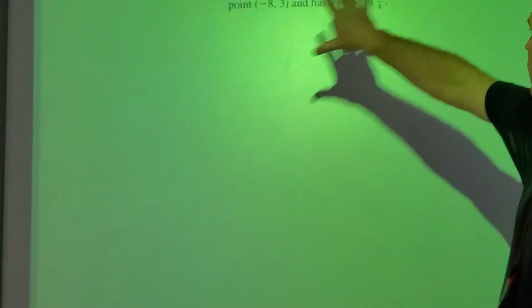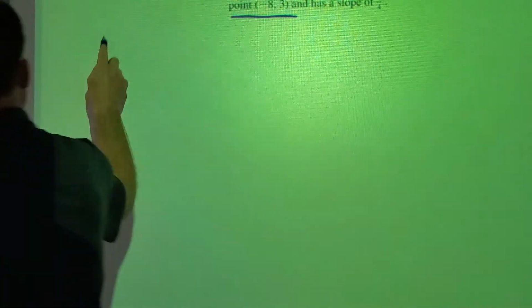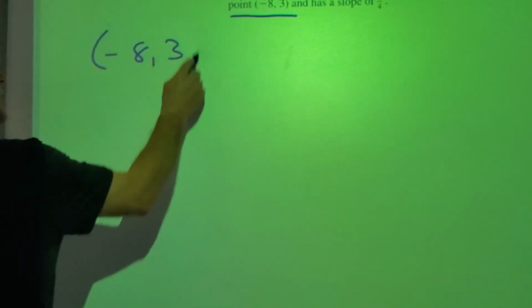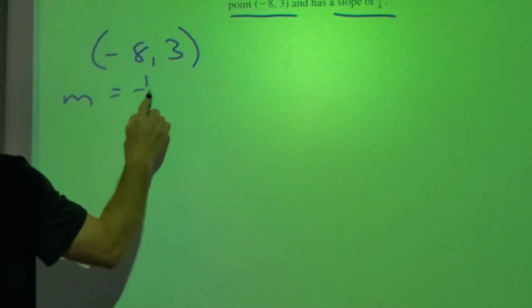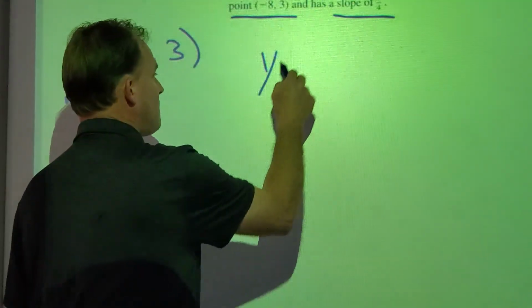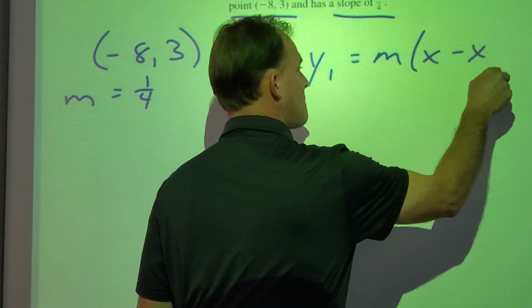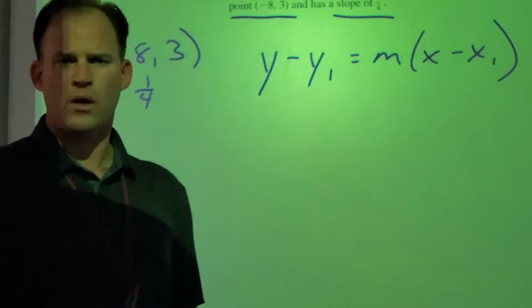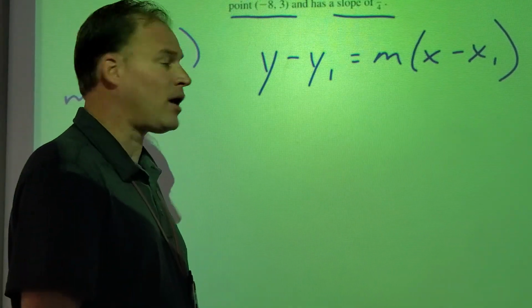Well, write an equation in point-slope form. It passes through the point negative 8, 3, and the slope, it says, is 1/4. So we start with our form: y minus y1 equals m times x minus x1. Plug in your values.